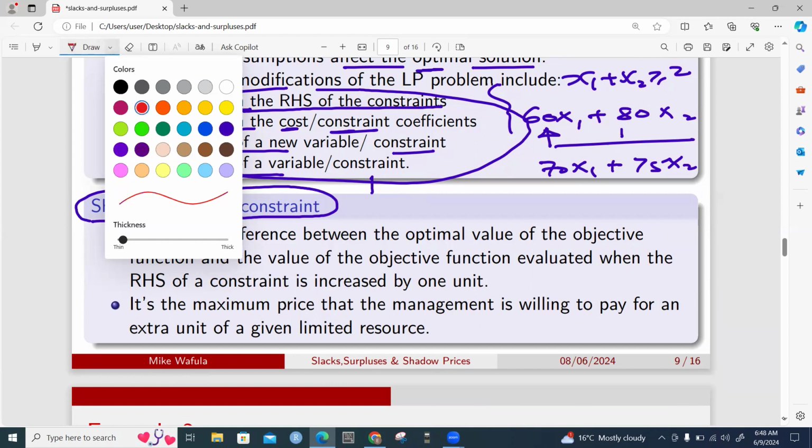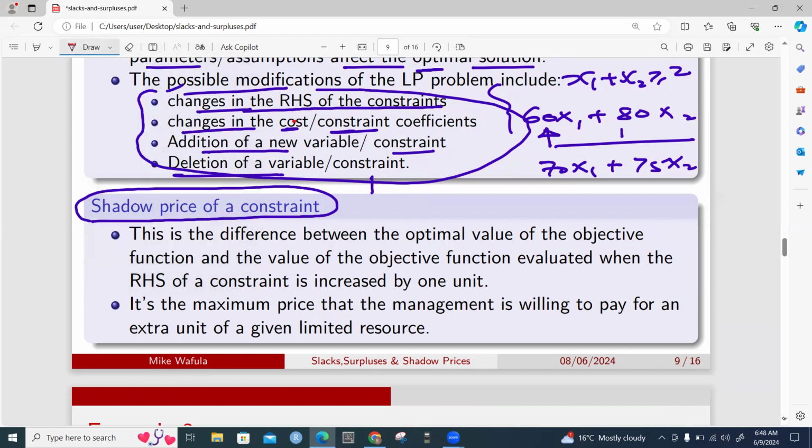Now, a shadow price of a constraint is simply the difference between the optimal value of the objective function and the value of the objective function evaluated when the right-hand side of the constraint is increased by 1 unit. What I mean is that if we carry out sensitivity analysis on the right-hand side of the constraint, in this case we are looking at the binding constraints only, the constraints passing through the optimal point.